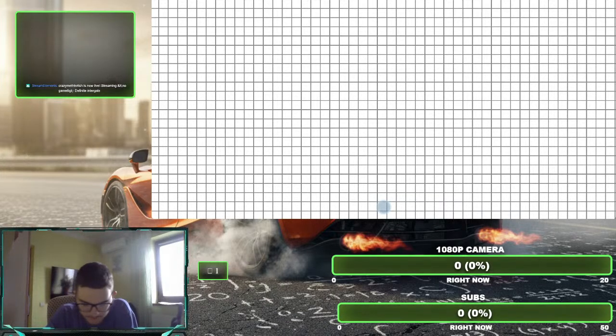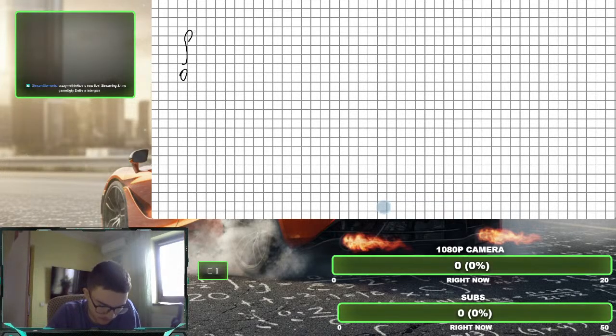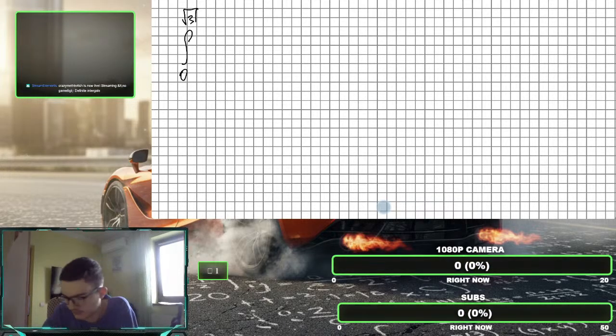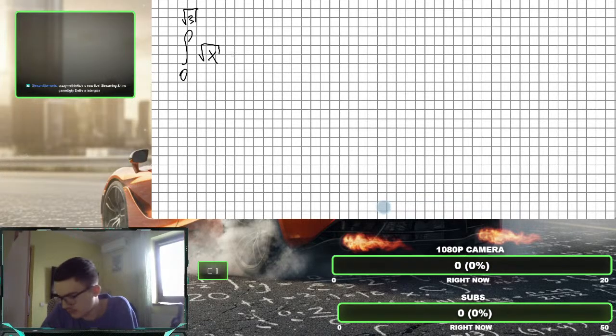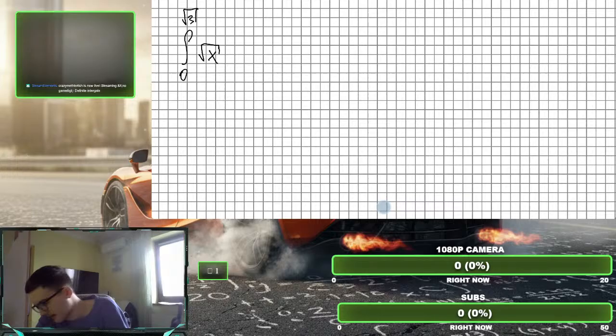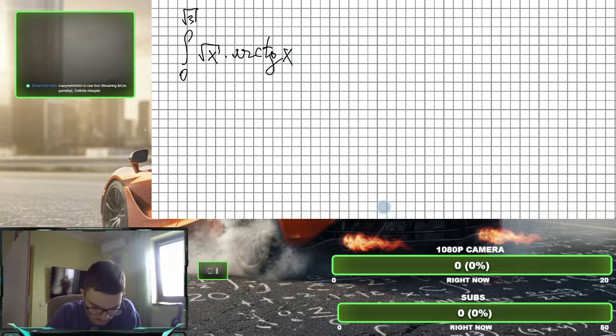I have the integral from 0 to the square root of 3, square root of x times arctan x, dx.